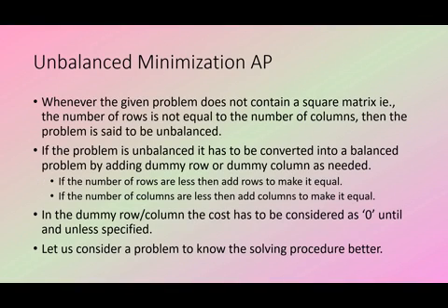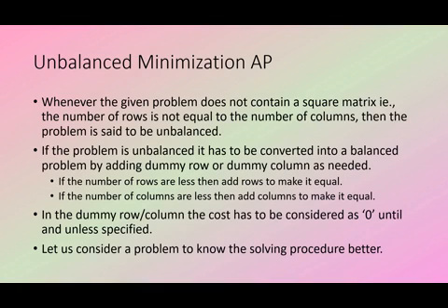In the previous session, we solved one problem on a balanced minimization case assignment problem, right? The problem was balanced and it was a minimization case, and we straight away applied the Hungarian method to solve it. Now the concern is the second type of problem.